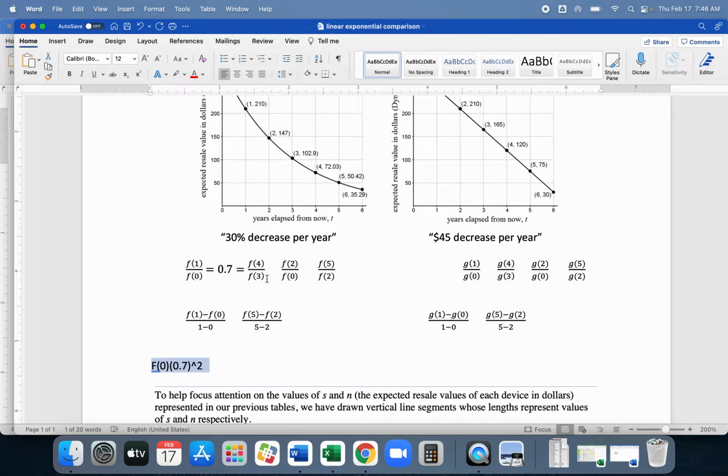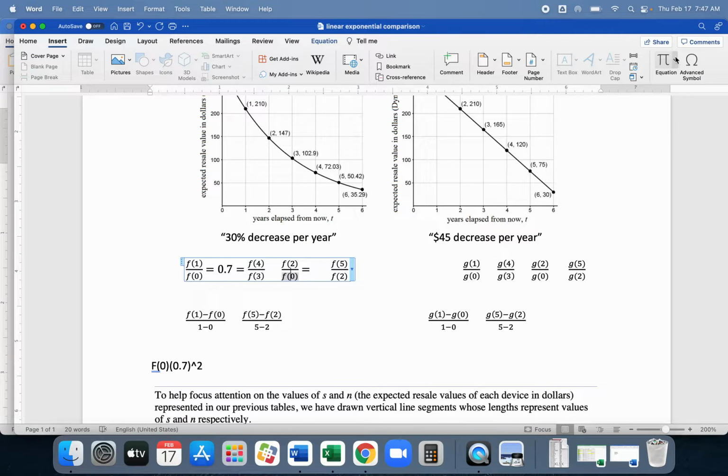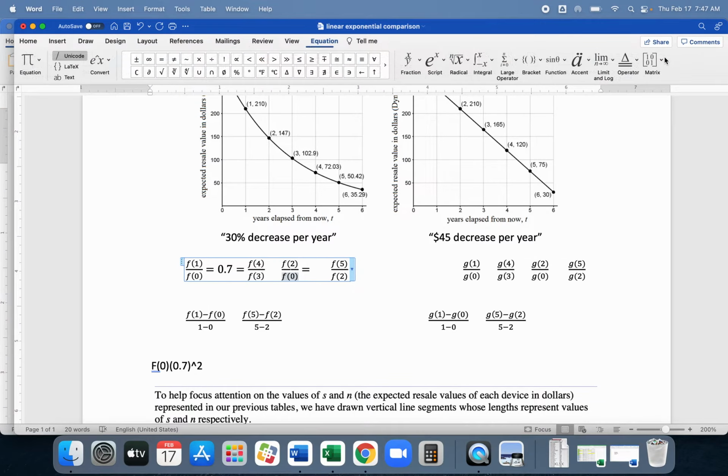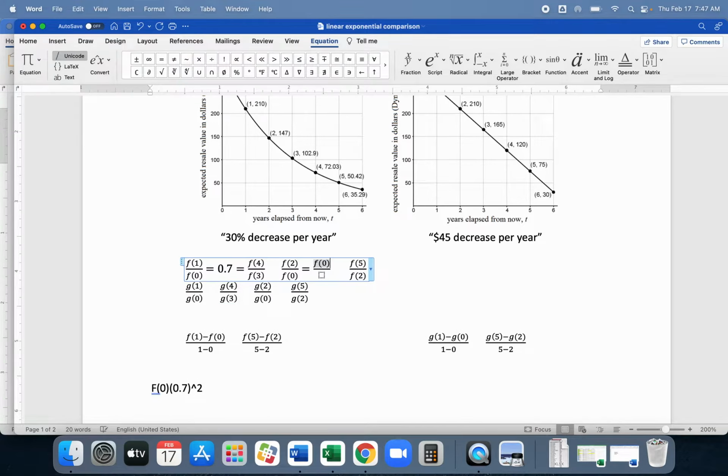Because I'd have to write f of 2 divided by f of 0. Let me see if I can get my equation things back up. Oops. There we go. So I can get myself a fraction here. f of 2 is the same as f of 0 times 0.7 squared. Or I'll just do times 0.7 and times 0.7.